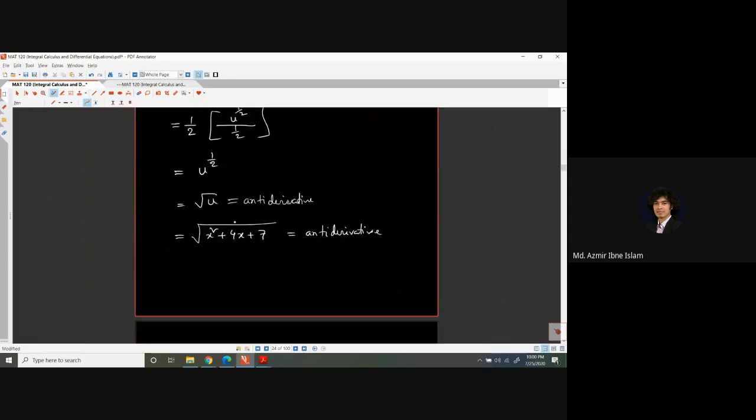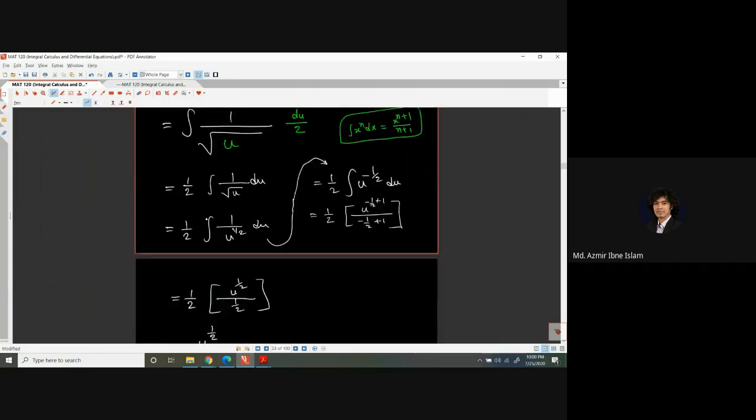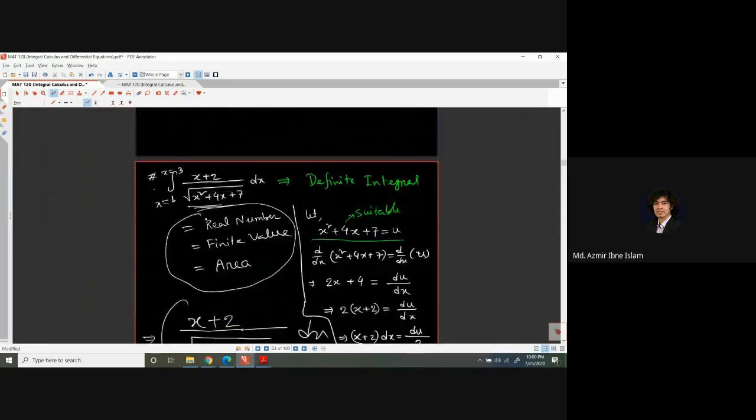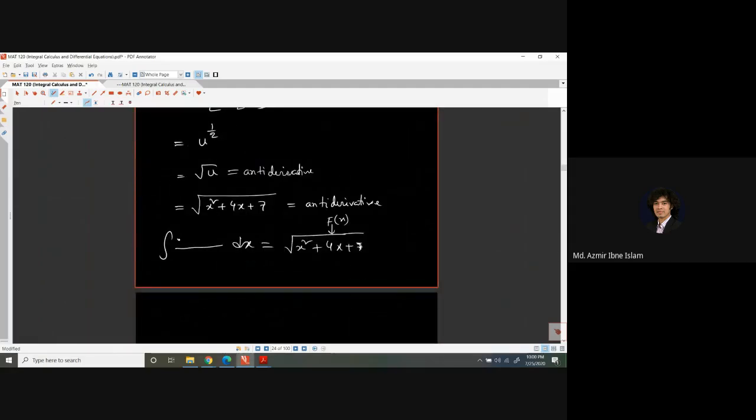But whatever we have done here, we have solved at first the indefinite integral part. For this, the result is becoming root over x squared plus 4x plus 7. That is actually the antiderivative, capital F of x.